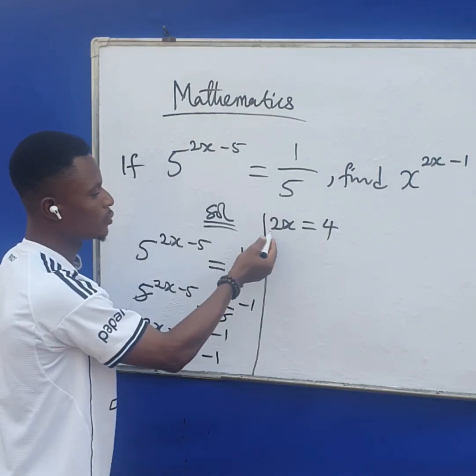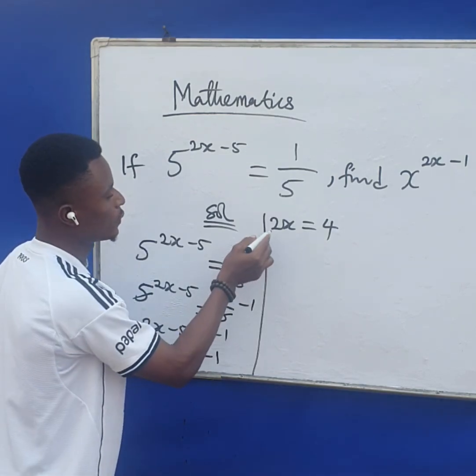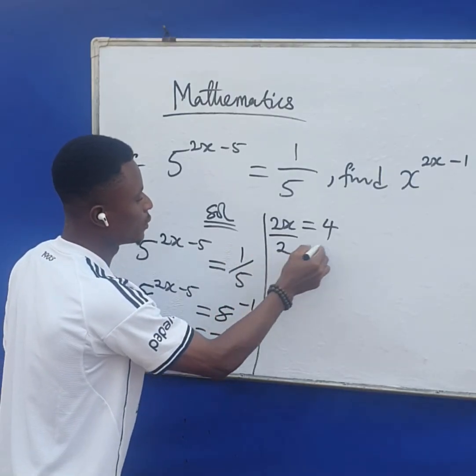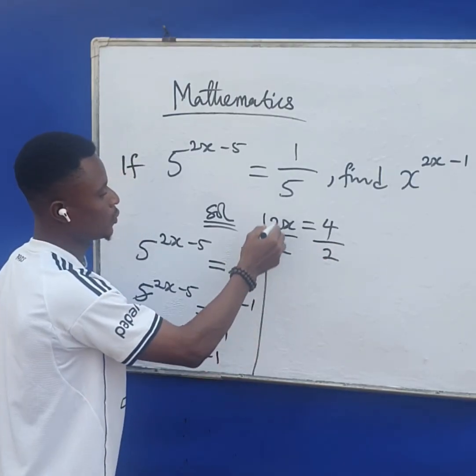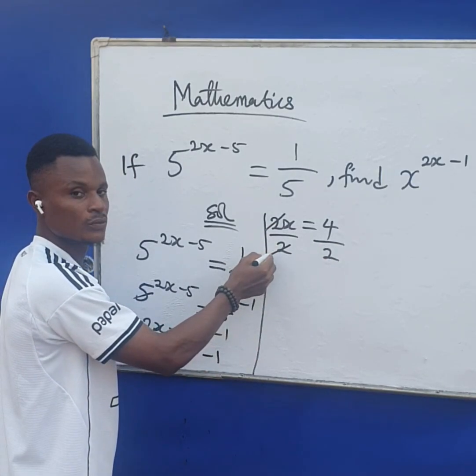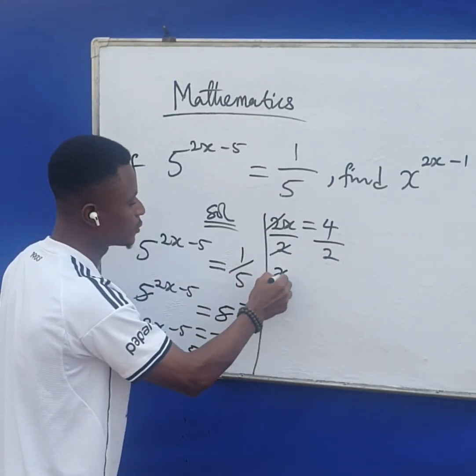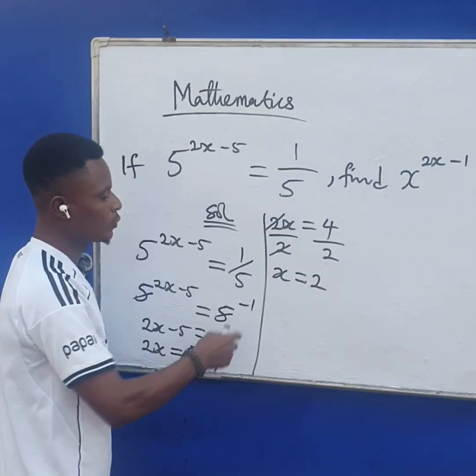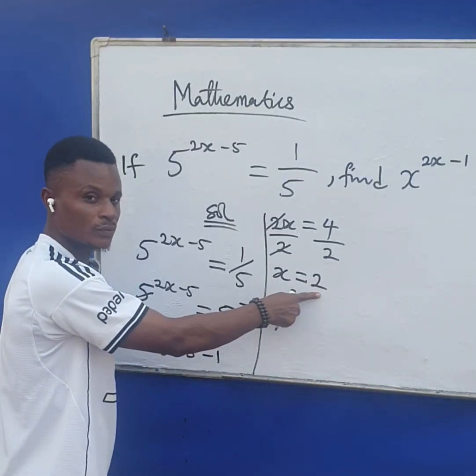Remember, we are looking for x, not 2x. So we have to divide both sides by this 2 that is attached to the x. Divide it by 2 and divide it by 2. On the left-hand side, 2 here will cancel 2. And we have x equal to 4 divided by 2, that will give us 2. We have gotten x to be equal to 2.